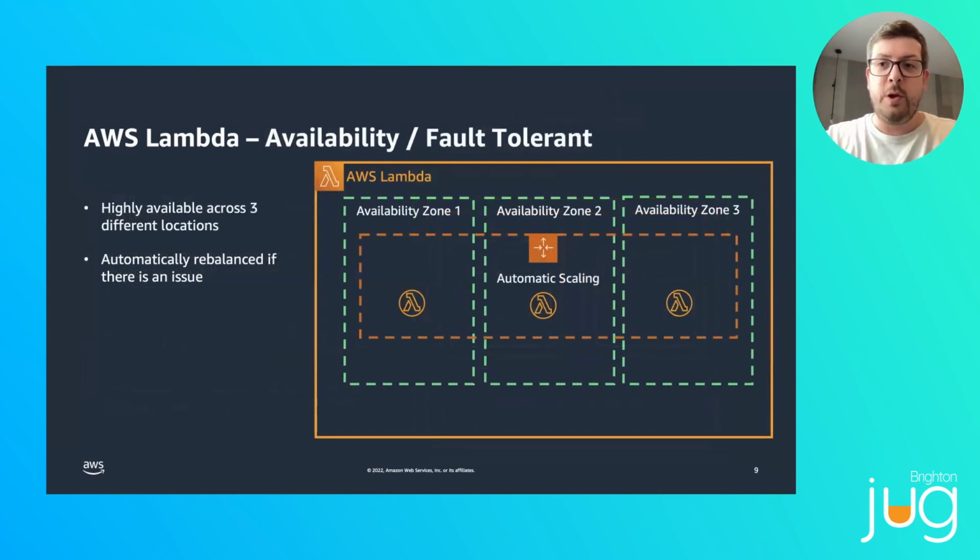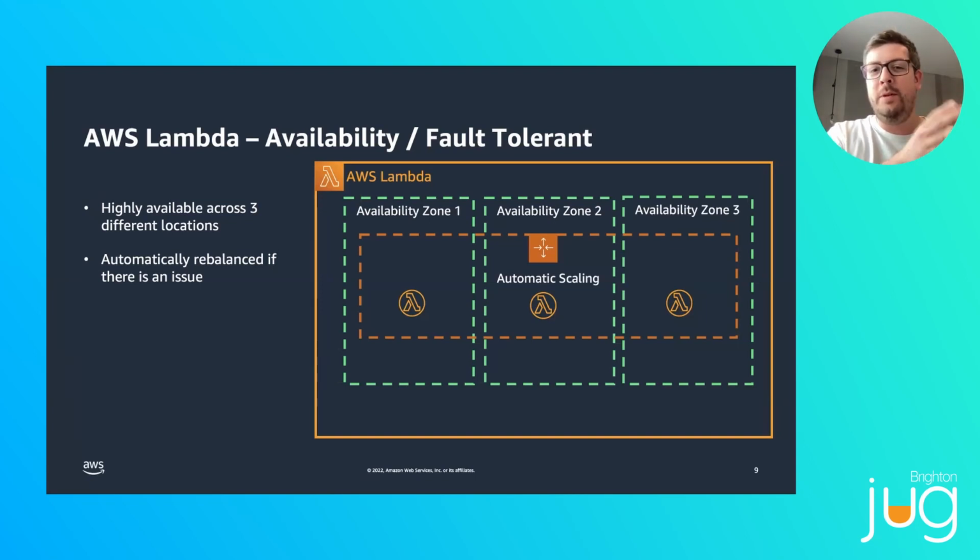If security is interesting, I think the availability and the fault tolerance is also amazing. If you're using AWS, you have the ability to use different availability zones. An availability zone is a highly available set of geographically located data centers.